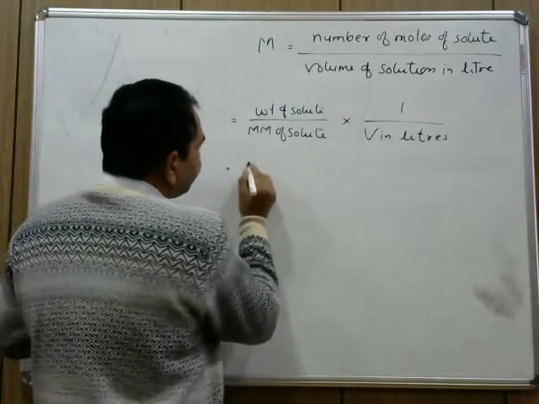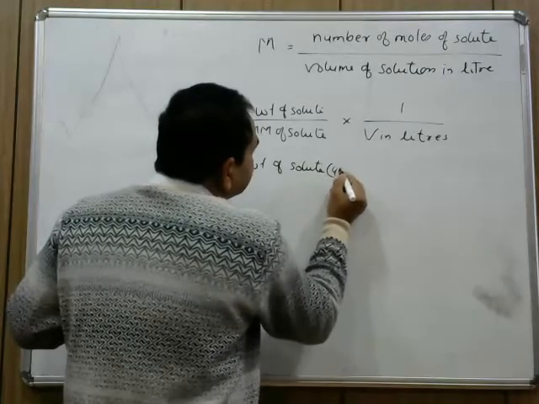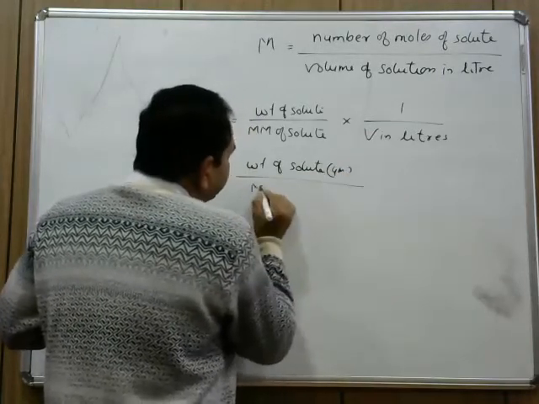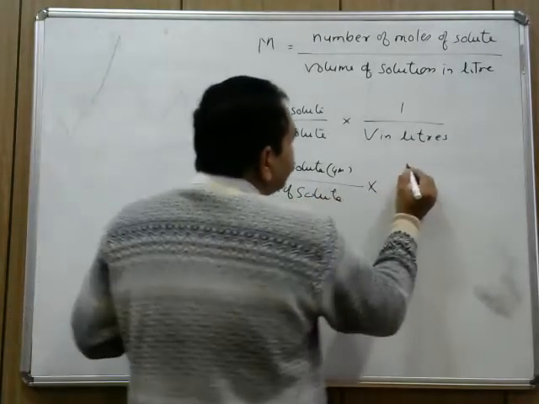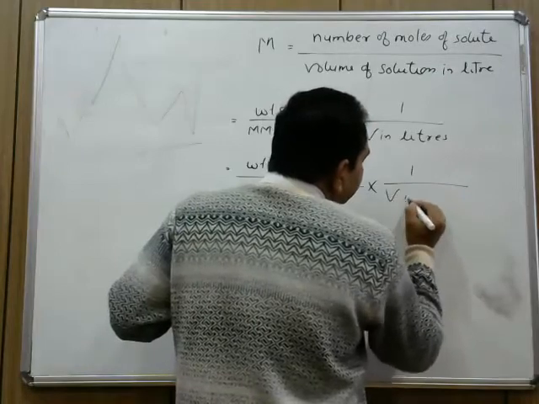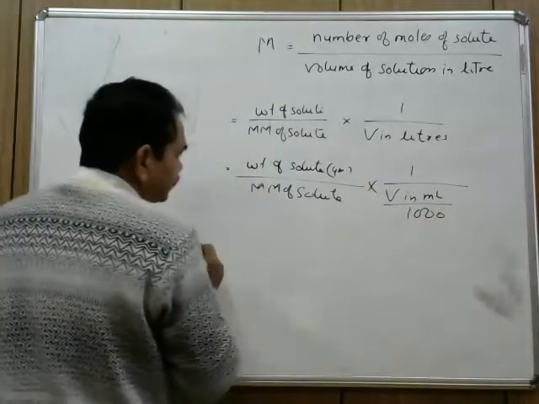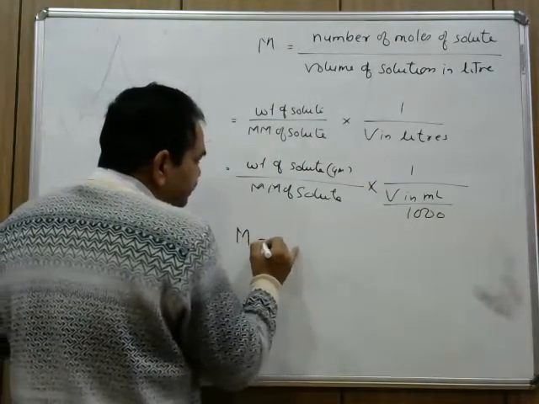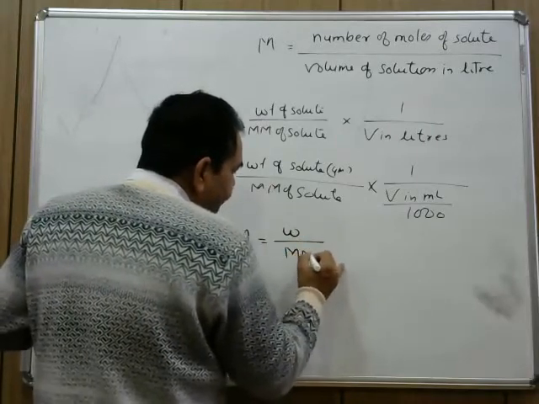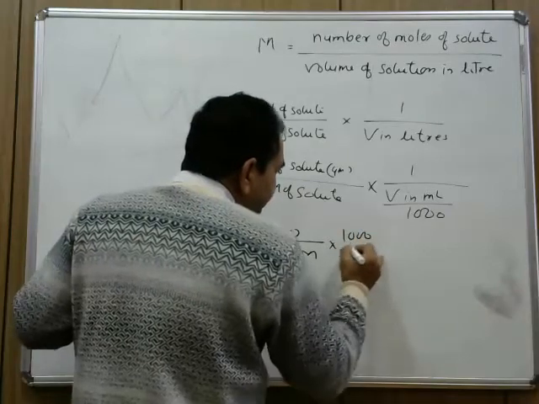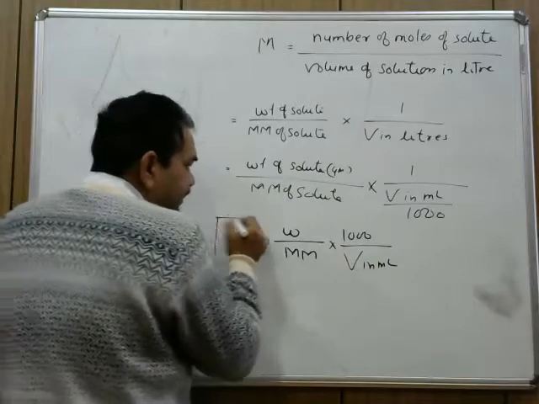So weight of solute in grams divided by molar mass of solute into 1 upon volume of solution in milliliters divided by 1000, or this formula comes to be M is equal to small w into 1000 upon MM into capital V in ml.